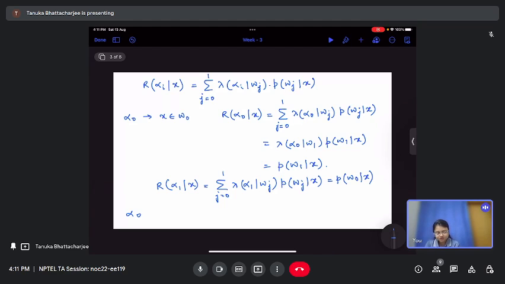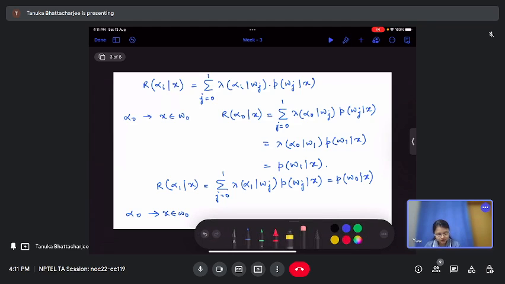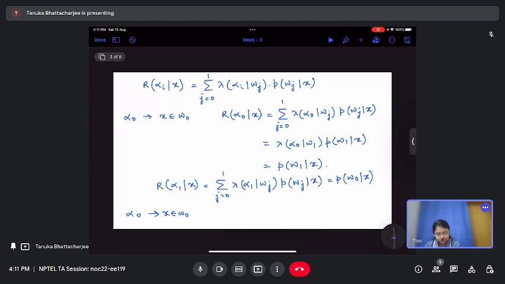So, we will take the action alpha 0, that is we will classify x as belonging to omega 0 if the risk of taking the action alpha 0 given x is less than the risk of taking the action alpha 1 given x.